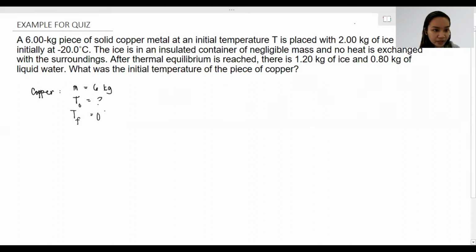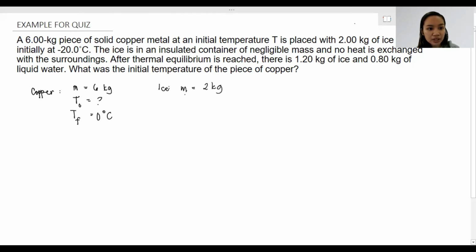This is for both the copper metal and the ice. So the final temperature for the ice is also 0 degrees Celsius. Now for the ice, we have a mass of 2 kilograms.